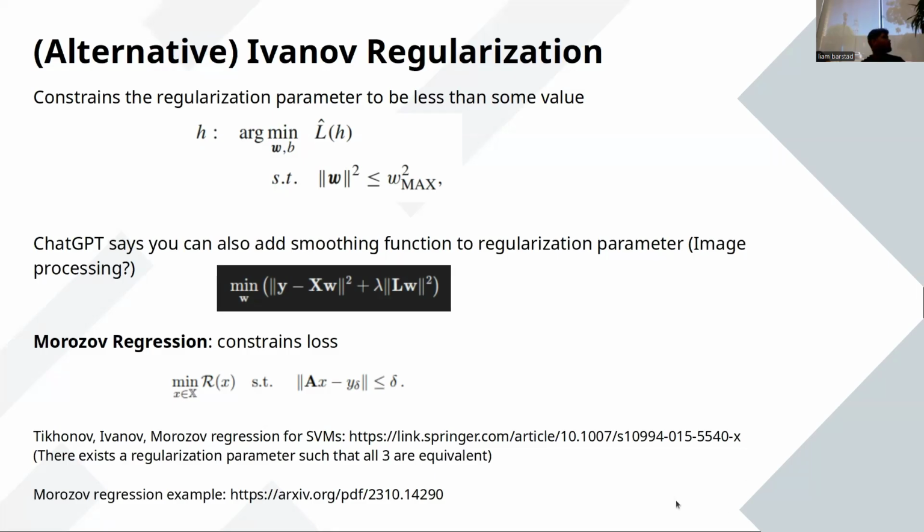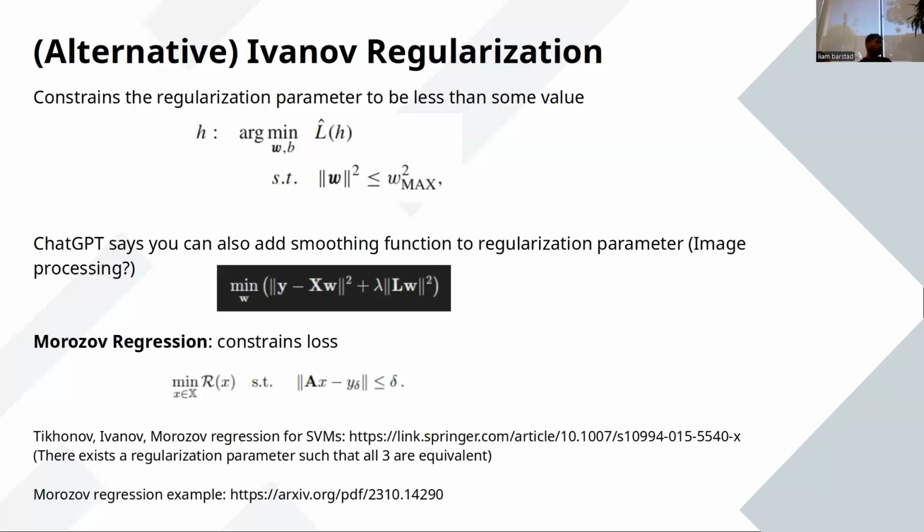I had never heard about it before, so I did a little digging. It's a technique where if you have a regularization parameter, you can set a maximum value for it. So if you have really noisy data and you want to limit how much it generalizes on that noise, you can set a parameter to clamp down on that and limit how much it overgeneralizes. At least that's how I understand it.